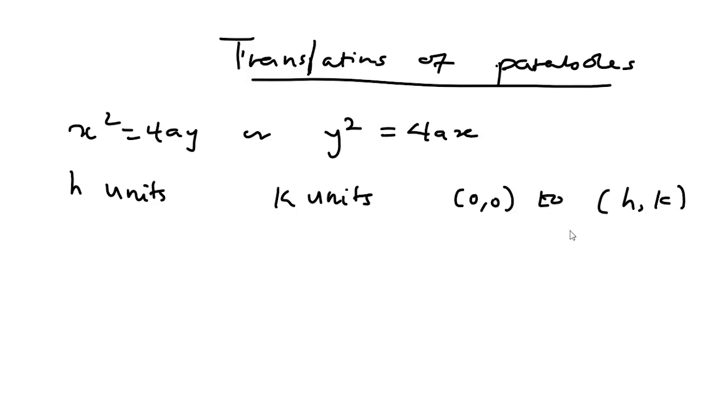So initially, when it's at the origin, the coordinates are (0, 0). What if it moves h units horizontally and k units vertically? That vertex becomes (h, k).